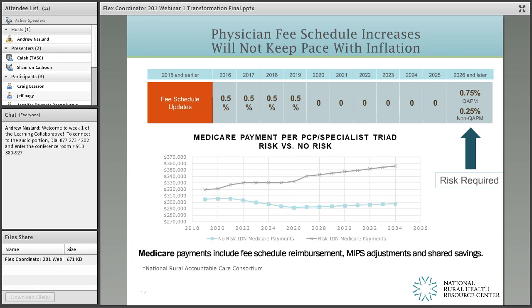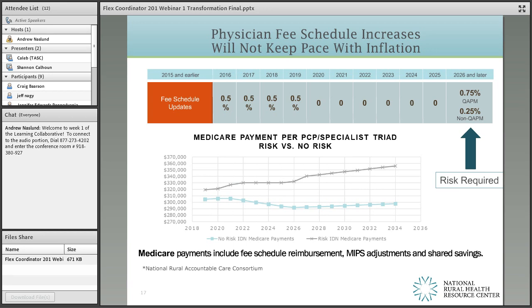So the result of that, in the graph below, you can see what the Medicare payment is on a per PCP or specialist basis, and the risk versus no risk. The bottom line almost stays below what it was prior to 2016, if you're taking into consideration the inflation and also the consideration of MIPS adjustments and shared savings. The opportunity to have revenue and do well is exactly the opposite.